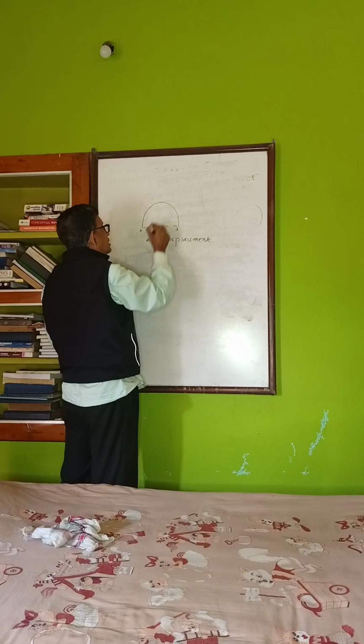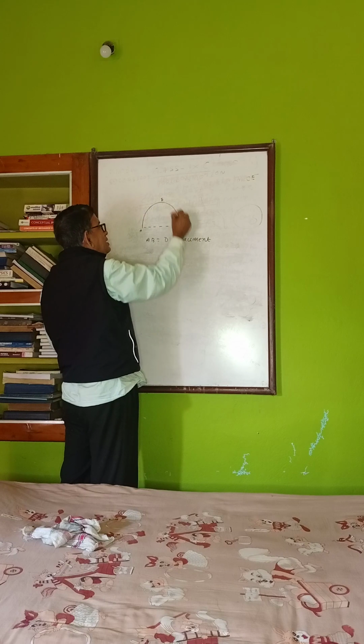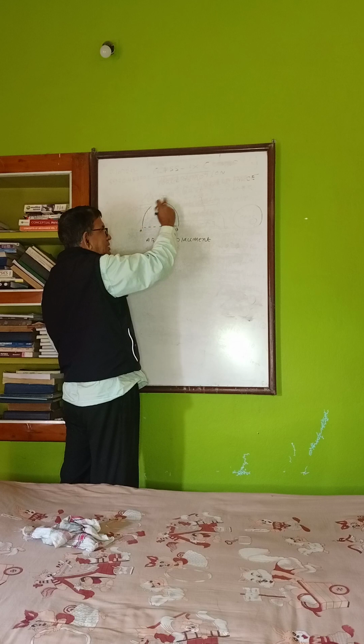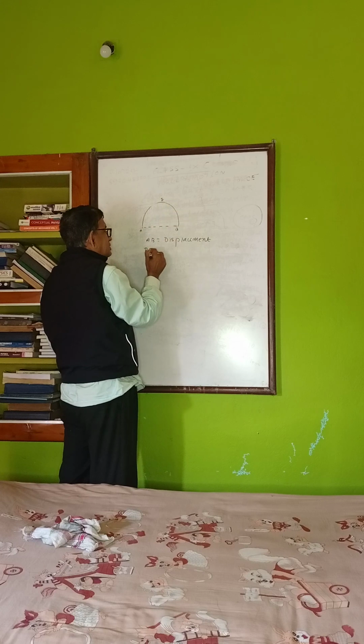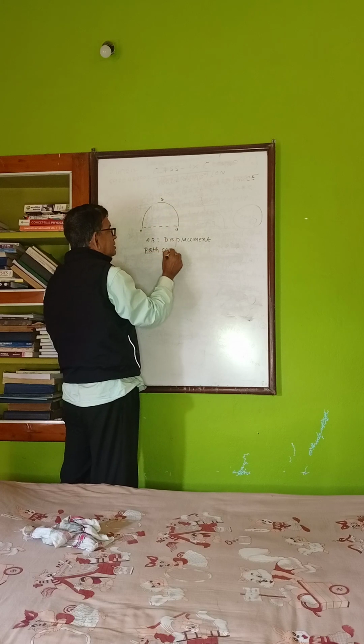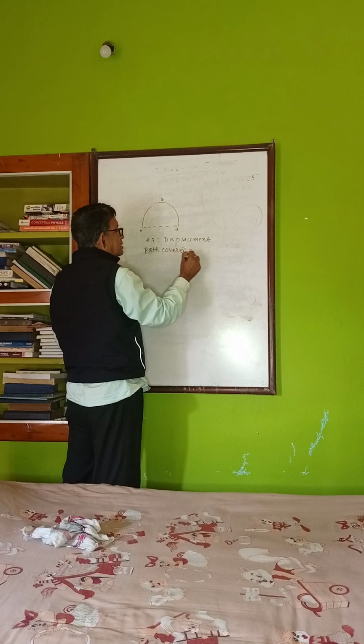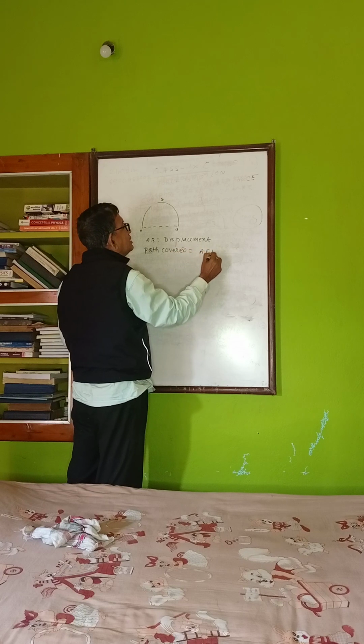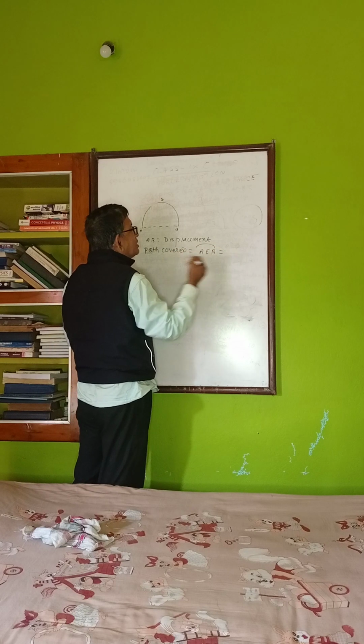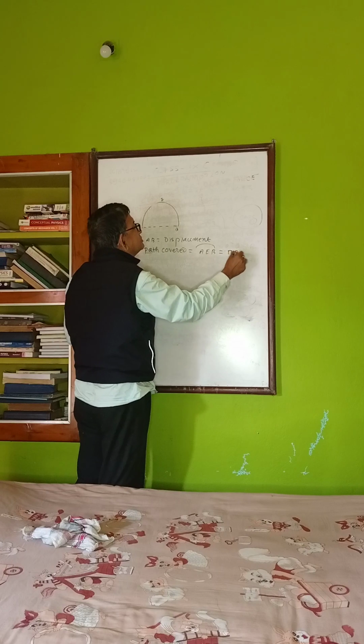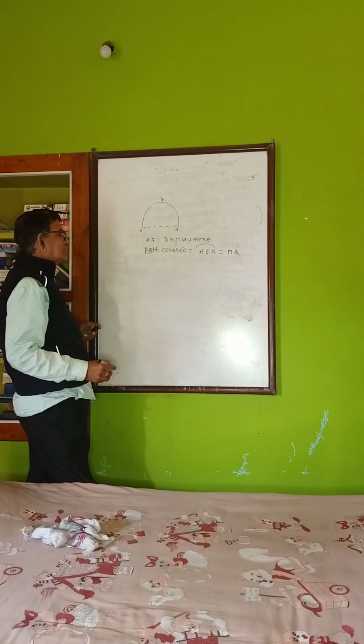And AEB is the total path covered by the body. AEB is equal to pi r. If r is given, you can obtain it.